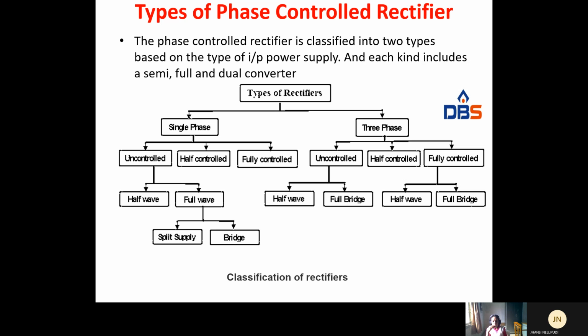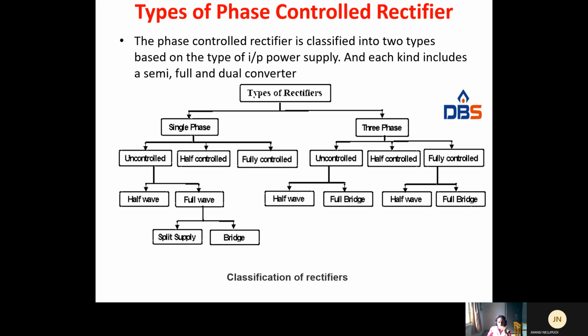So here we want to regulate the output voltage by using this phase control technique. By using this phase control rectifier we regulate the output voltage, so that means we can control the speed also.